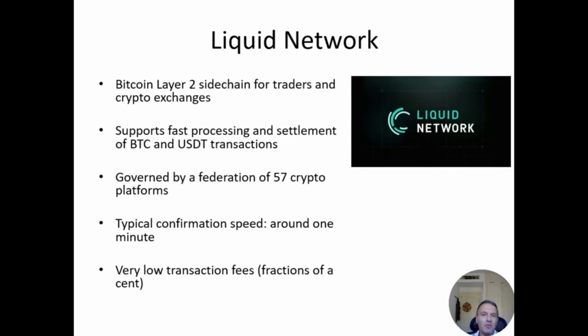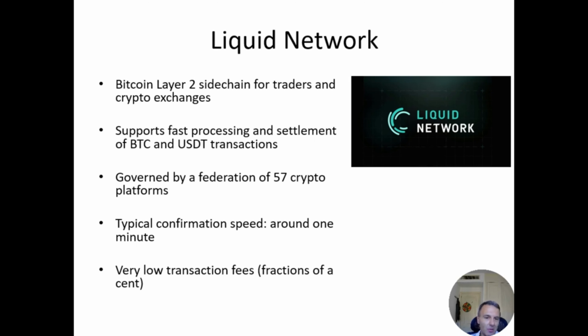Another example of a layer 2 is what we call Liquid Network, and it's mainly used for traders and crypto exchanges, so for swapping tokens from one token to another. As with Lightning Network, it supports fast processing and settlement of Bitcoin and US Tether transactions. It's also governed by a federation of 57 crypto platforms, which gives it greater momentum.